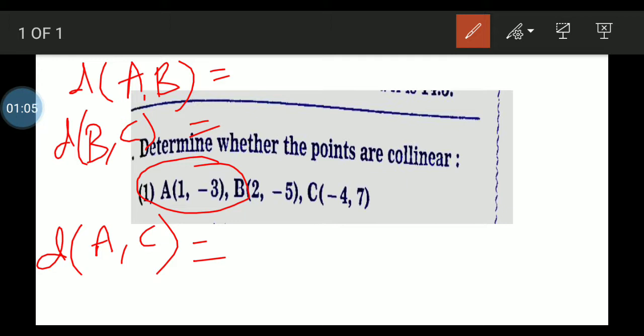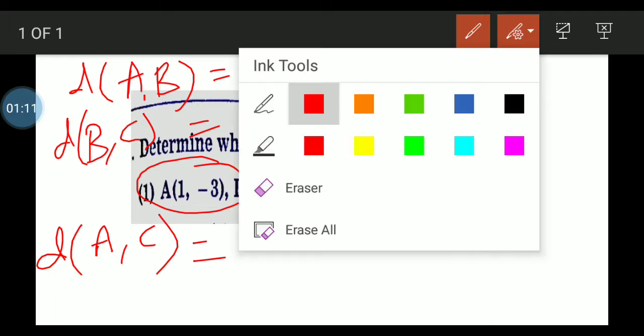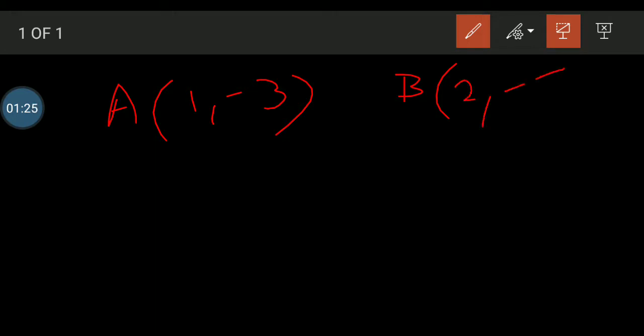Now, if A is 1 comma minus 3, and B is 2 comma minus 5. Now what is my x1?